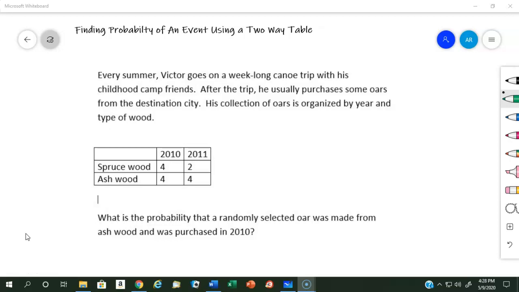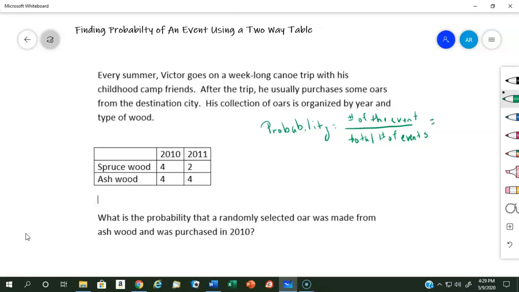When we talk about probability, what we want is a ratio, which is going to be the number of the event, I'm using that word event loosely, out of the total number of events. I'm using that very loosely.